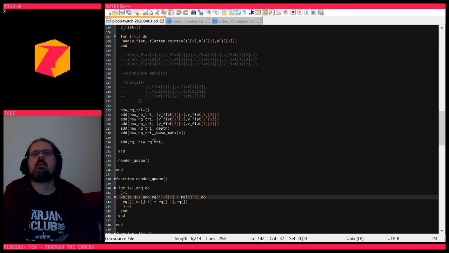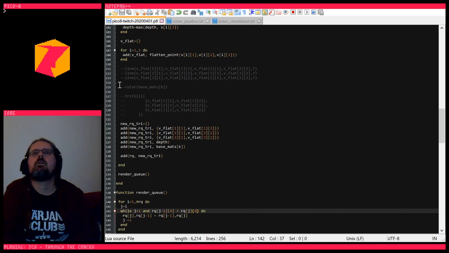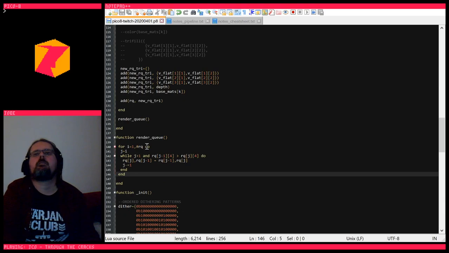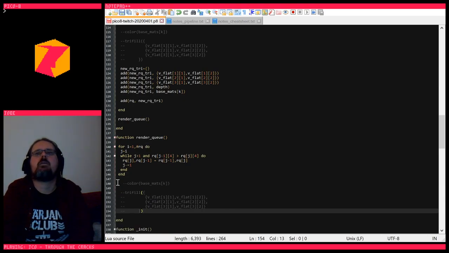Now we should have a sorted rendering queue. So now we should be able to add this code here again with some variations.